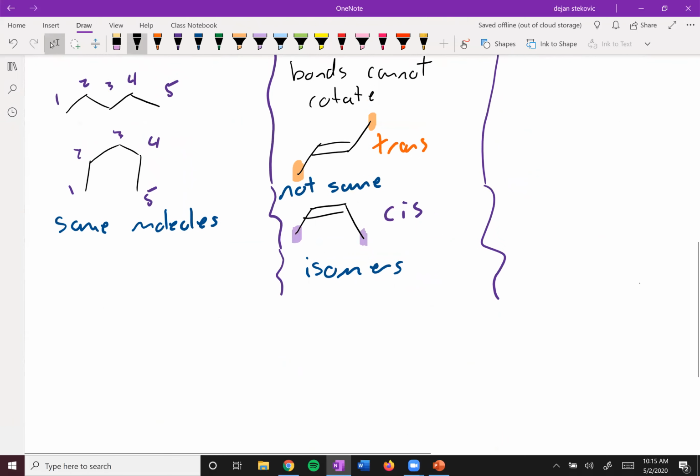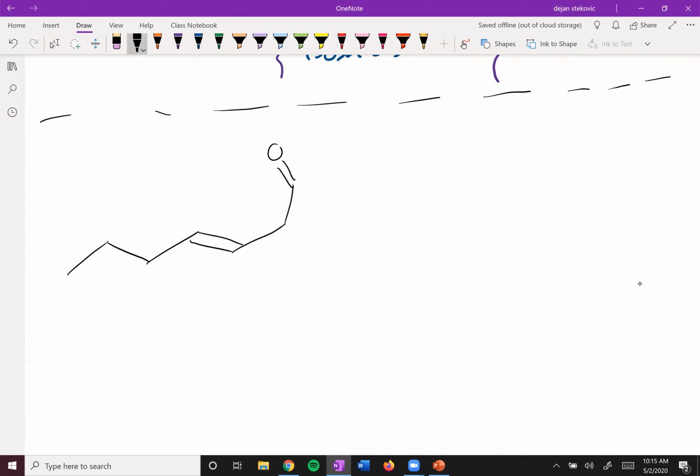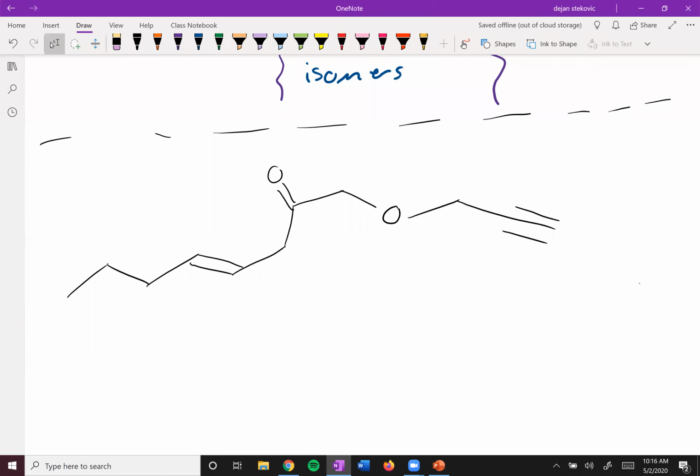So let's take a look at an example of this kind of stuff. And so if I were to draw you this structure, I would expect you to kind of understand this stuff, be able to identify the shape, hybridization, bond angles, number of hydrogens on any one of these carbons.